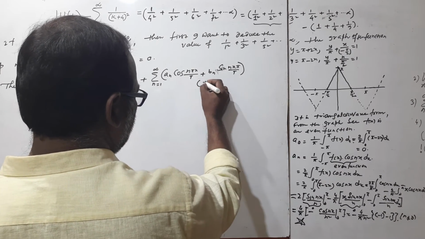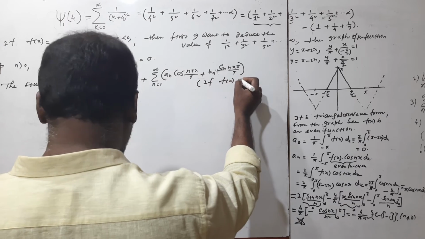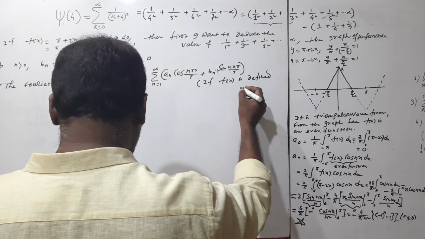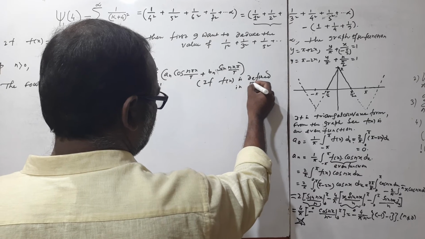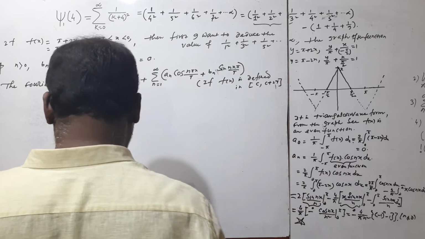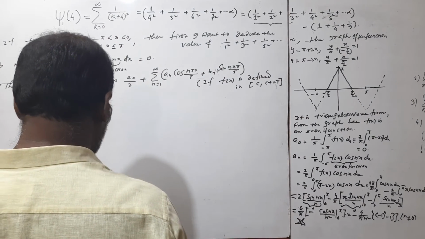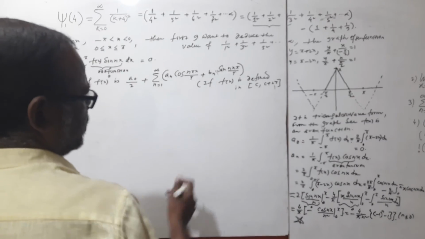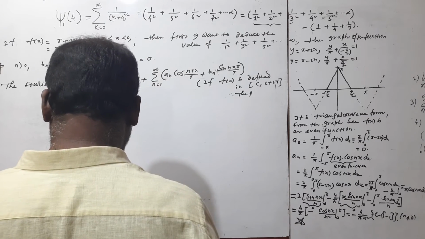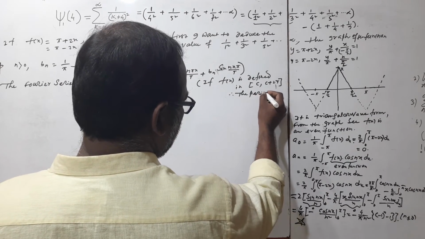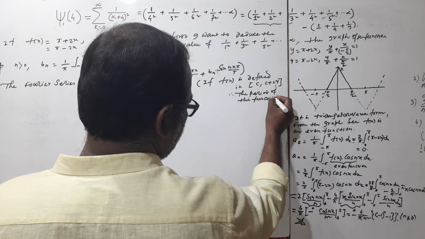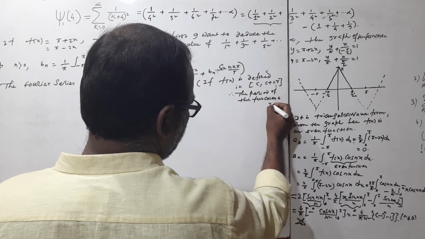If f of x is defined in c comma c plus 2t, that is the period of this function, therefore the period of this function is 2t.